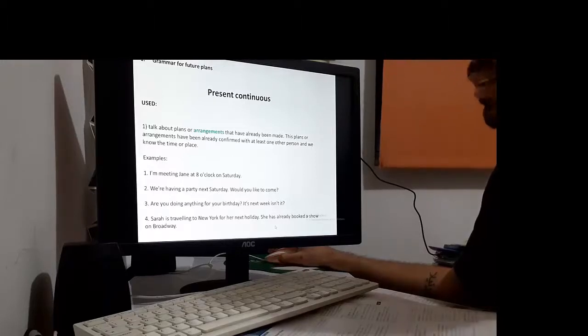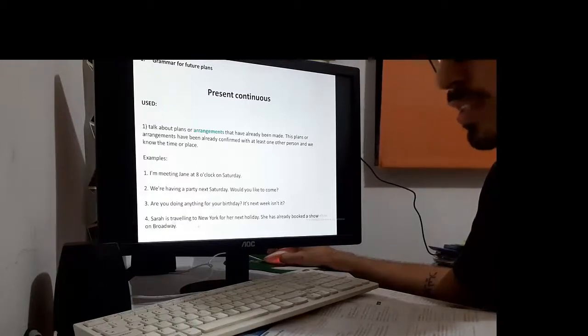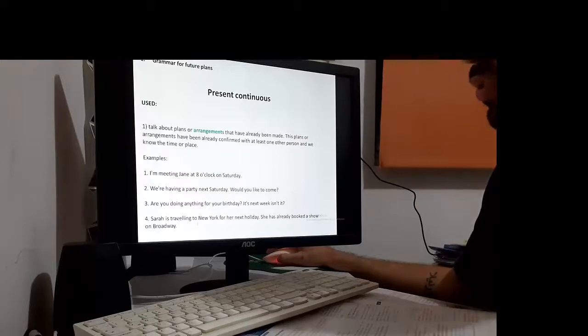She has bought the tickets, she has booked the show, so this travel is going to happen. That is 100% sure. So for that we are using present continuous. It's something that you have already planned in the past, and you say the specific time and the specific place.